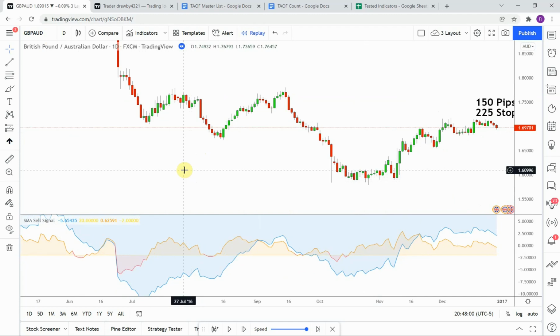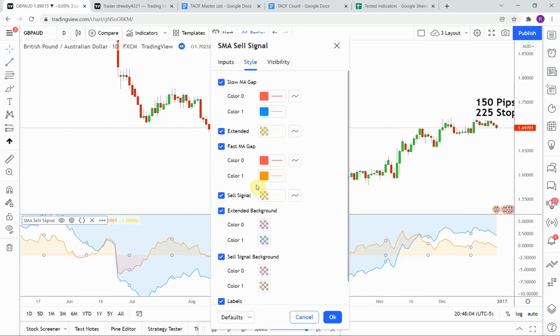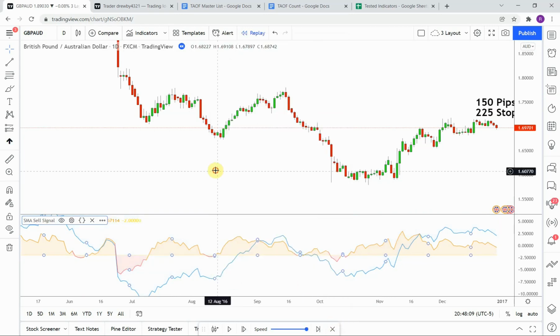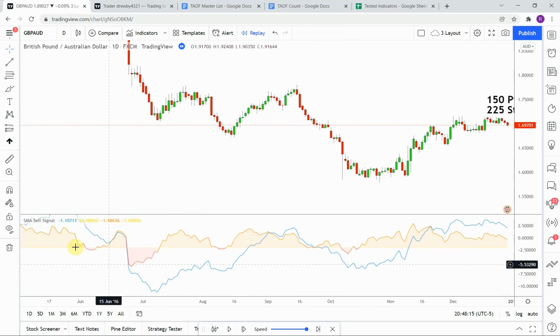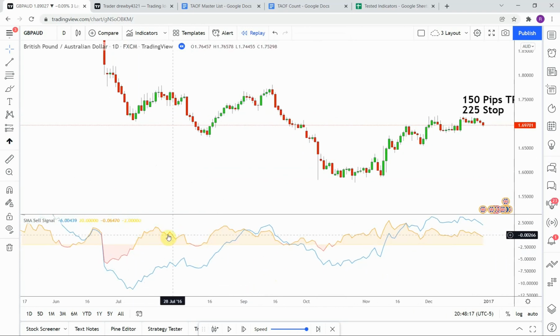And so what we are looking for is, let me go in and do this. The extended background right here, I'm going to turn that off. And it leaves us with this. It takes away that big blue cloud that was hovering there. What we're looking for is when the orange line here drops below the 0 point.